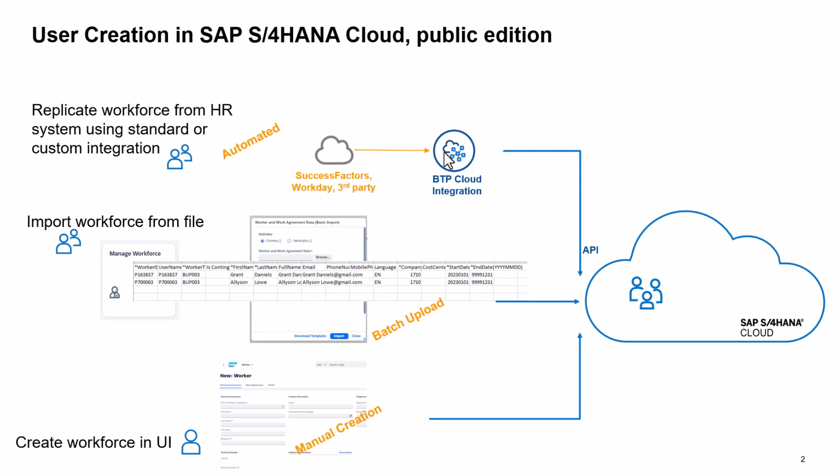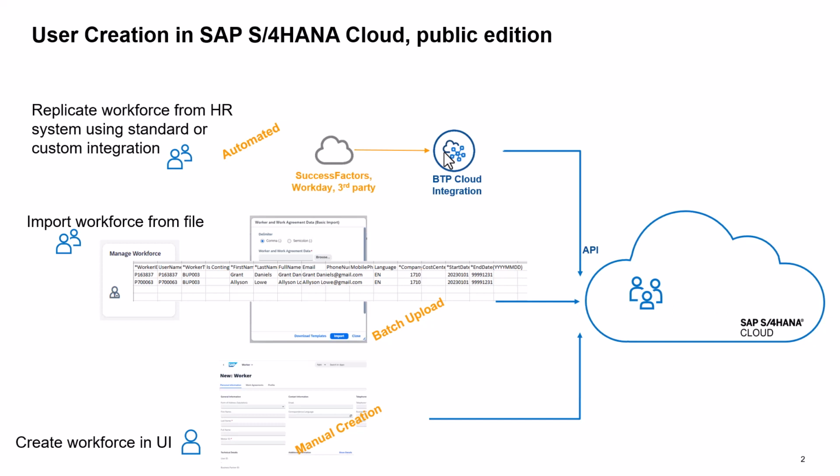The first and probably most common is using an automated integration to replicate employees or workforce from an existing HR system. We have out-of-the-box integrations not only with our solution, SAP SuccessFactors, but we also deliver an out-of-the-box solution to replicate employees and cost centers from third-party systems like Workday.